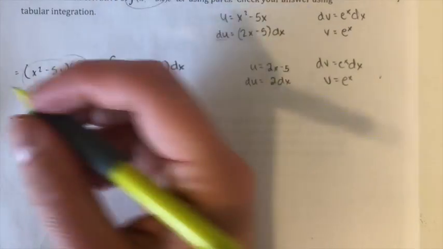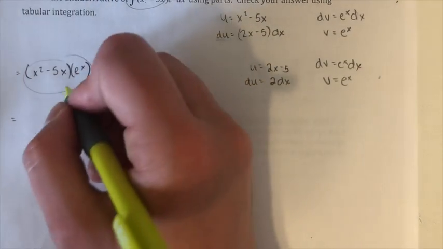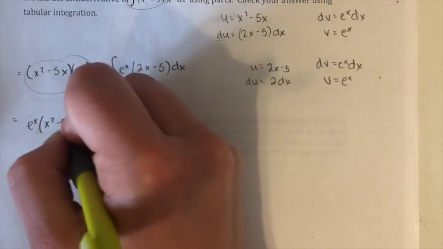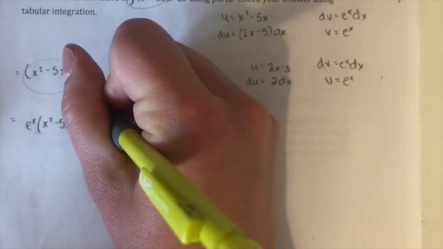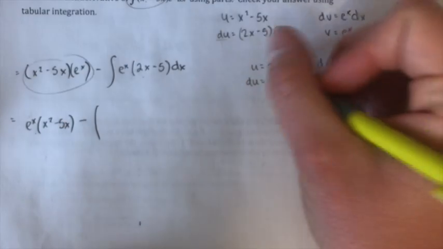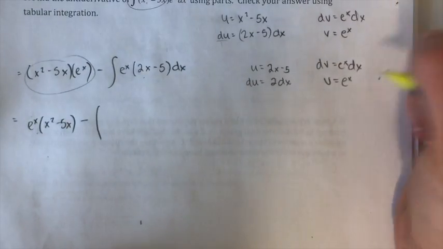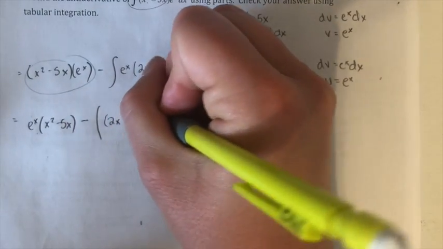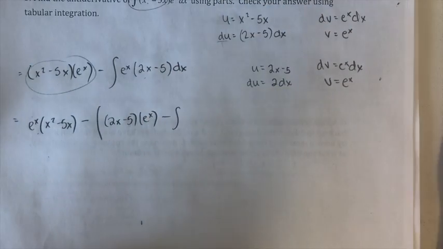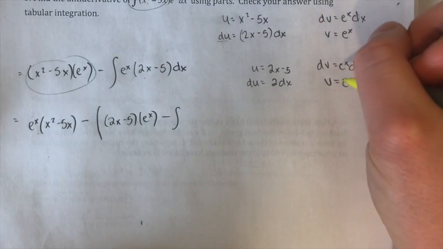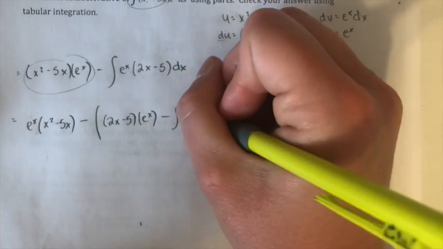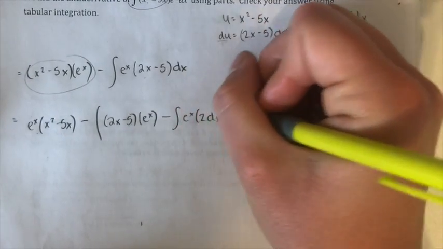So this whole part is going to stay, so we've got e to the x times x squared minus 5x minus bracket, u times v, so 2x minus 5 times e to the x, minus the integral of v du, so e to the x times 2 dx.